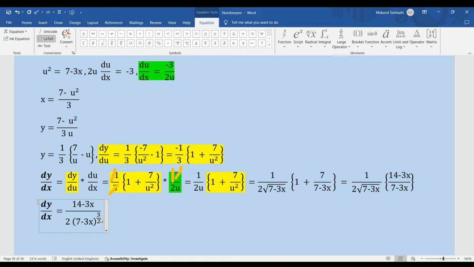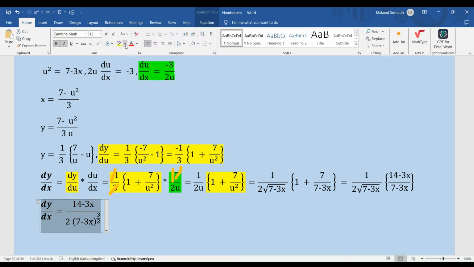So there we have the final answer. I'm going to highlight this in pink. So my dy by dx is equal to 14 minus 3x divided by 2 into 7 minus 3x the whole power 3 by 2, right? So that's my final answer.